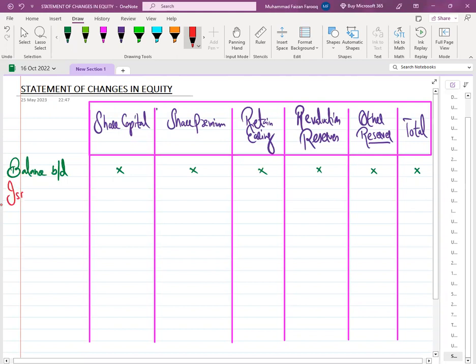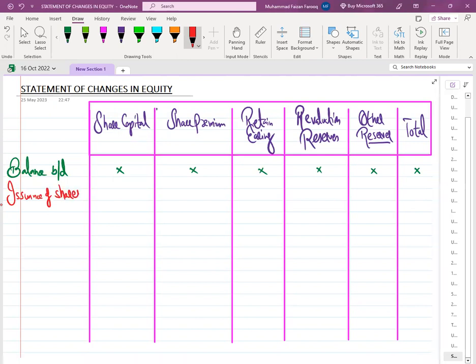issuance of shares. If I recall, the entry for issuance of shares is bank debit, share capital credit, share premium also credit.